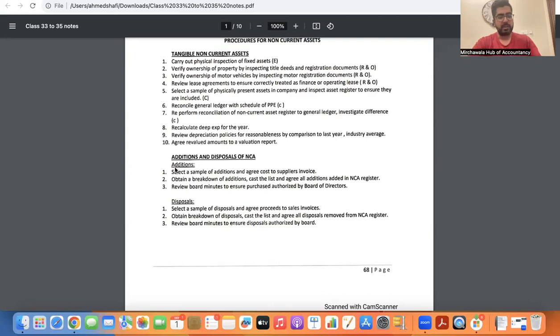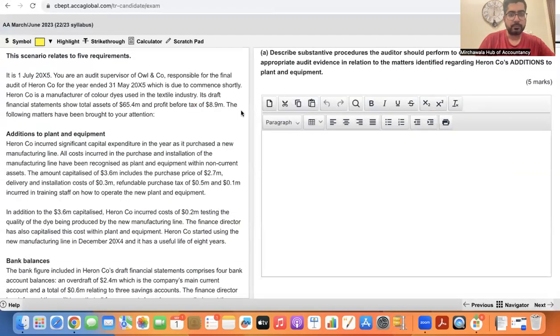So the first procedure is: select a sample of additions and agree cost to supplier invoice.